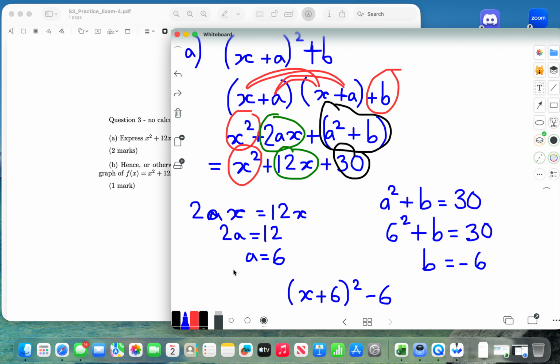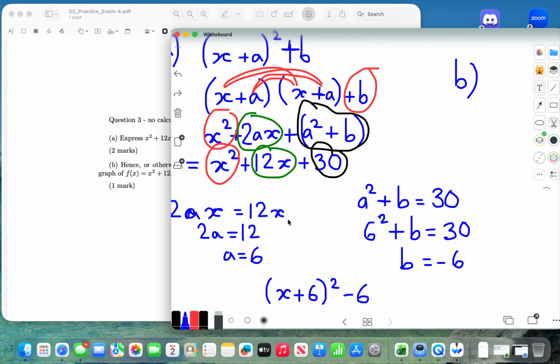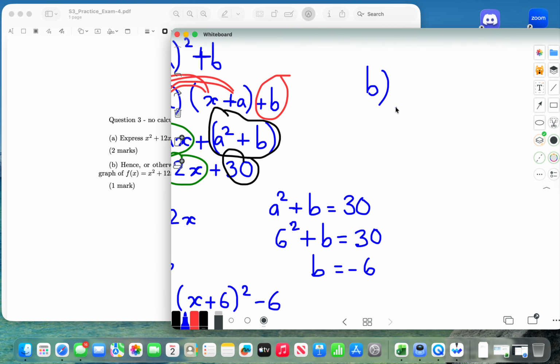So we have to just write this down. There's nothing else that we have to do. So the idea is, if we have the function f(x) is x plus a squared plus b.